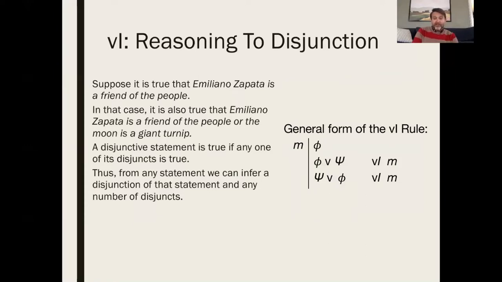Again, the general form of this rule is, if we are presented at line M with a statement phi, then we can infer phi or psi via disjunction introduction, and all we have to do is cite one thing, the sentence that is known to be the true disjunct of the disjunction we're deriving. Or we can derive psi or phi, just flipping the order of that disjunction. The thing that's being added can go before or after the disjunction symbol.